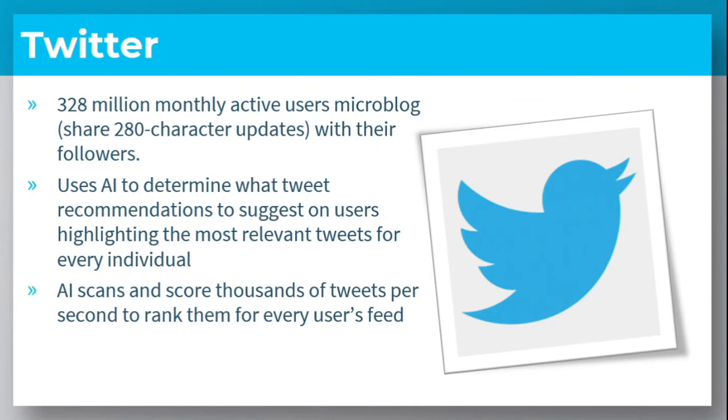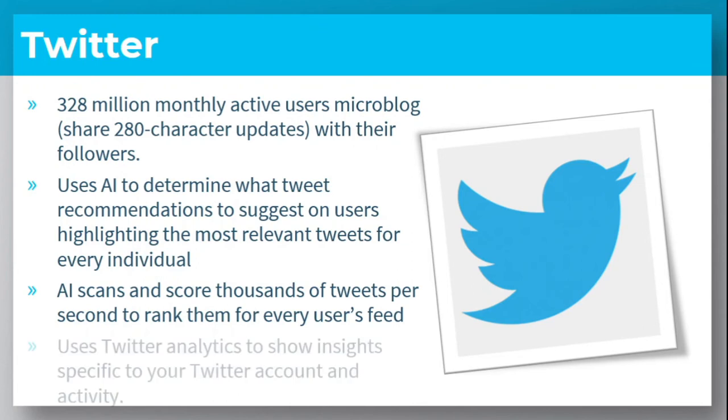We will talk about machine learning somewhere down the road. Artificial intelligence scans and scores thousands of tweets per second to rank them for every user feed, right? So AI does that. And Twitter Analytics shows insights specific to your Twitter account and activity.